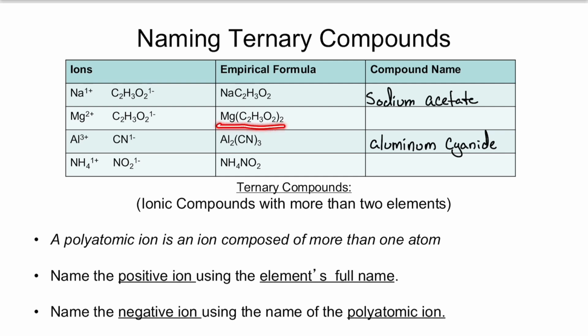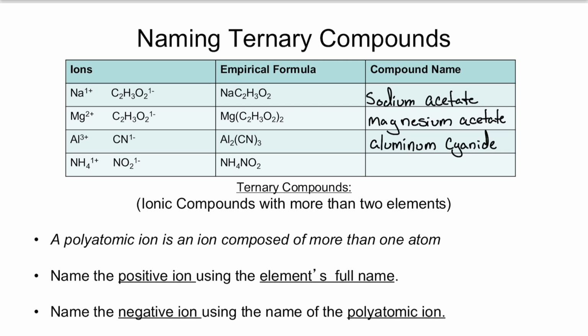All right, this example right here, Mg is magnesium. C2H3O2, again, is the polyatomic ion acetate. Now this last one is a little bit tricky, because both the cation and the anion are polyatomic ions.